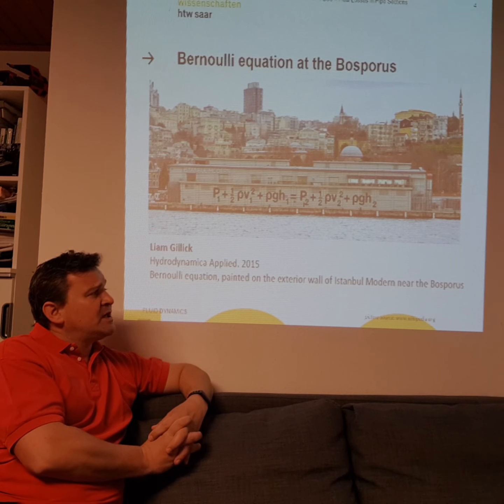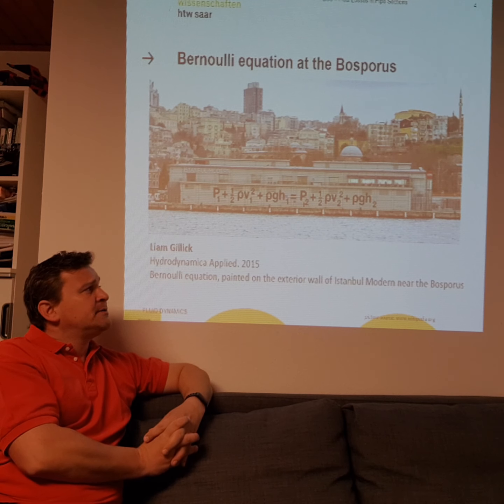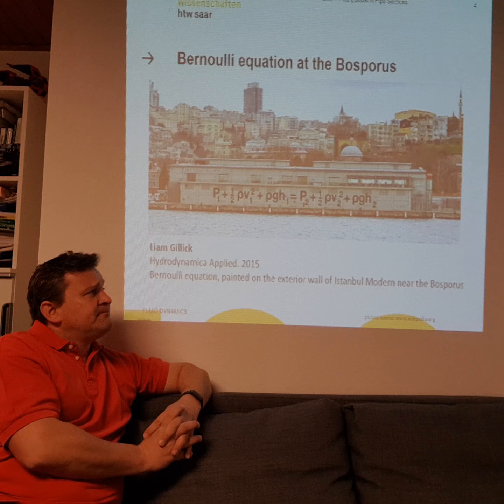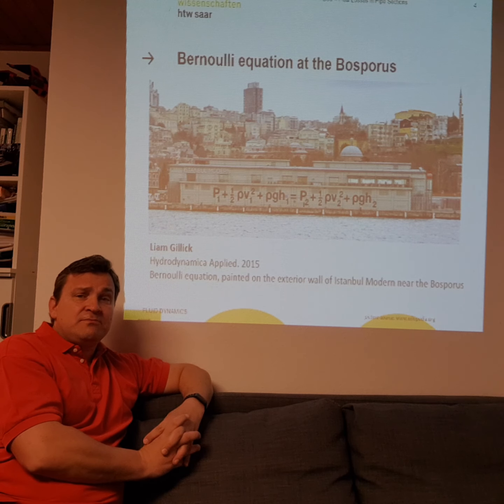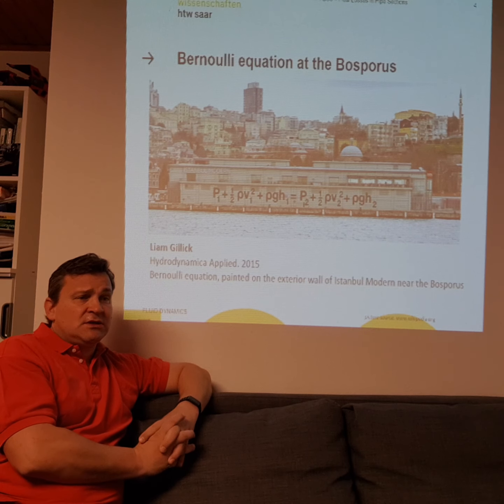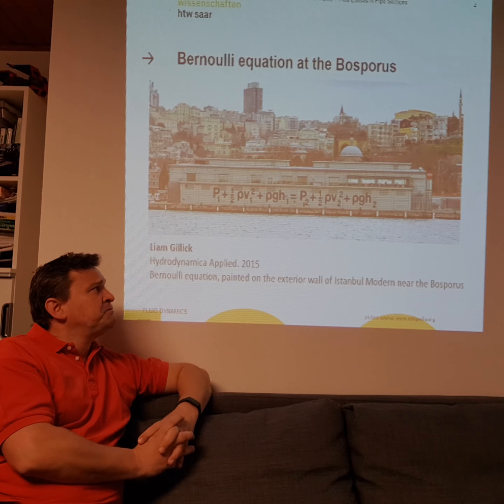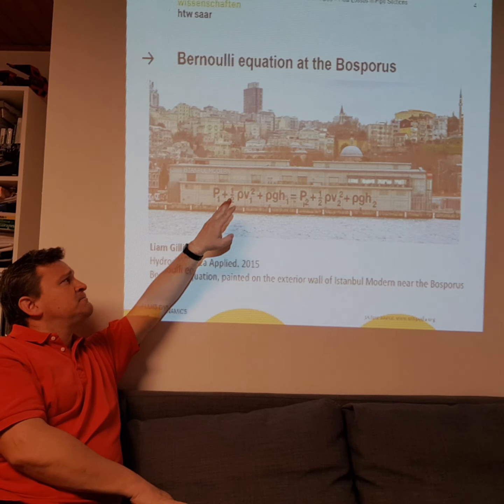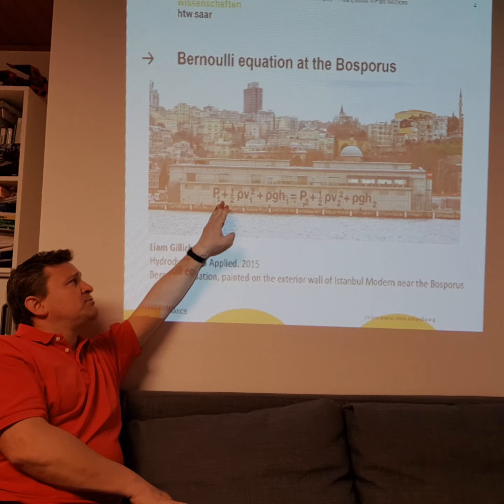Here's a picture I show often. It's a really famous museum in Istanbul. I lived a long time in the city of Istanbul, and you see here we have a pressure.